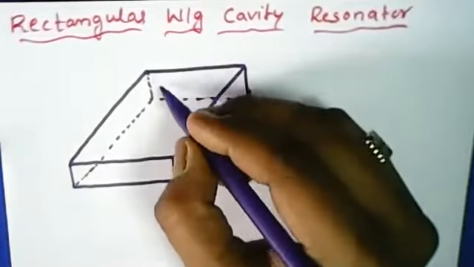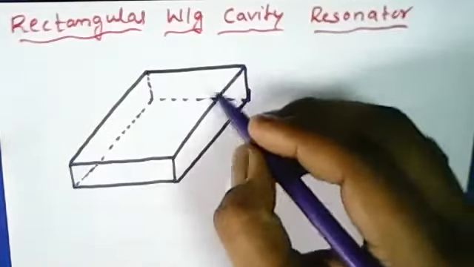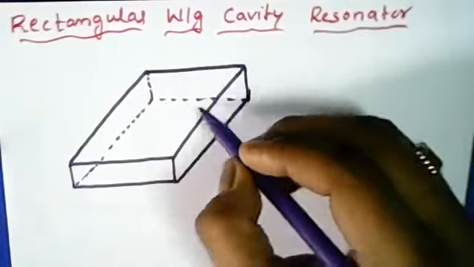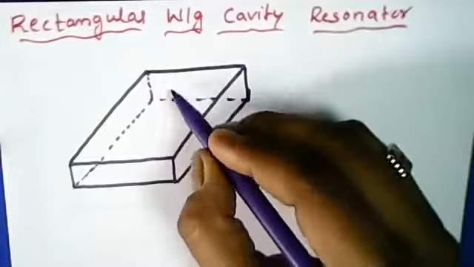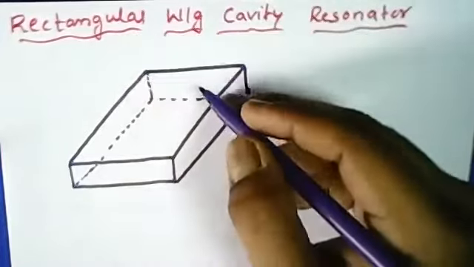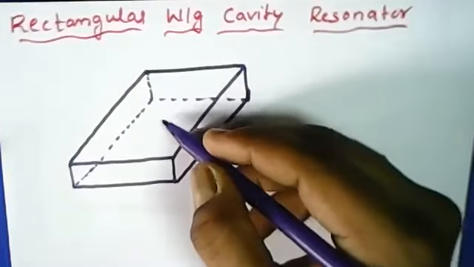Now this particular end is closed as the wave enters. If the other end, the second terminating end, is short circuited, meaning it is closed, then what happens? The signal will be bouncing back.